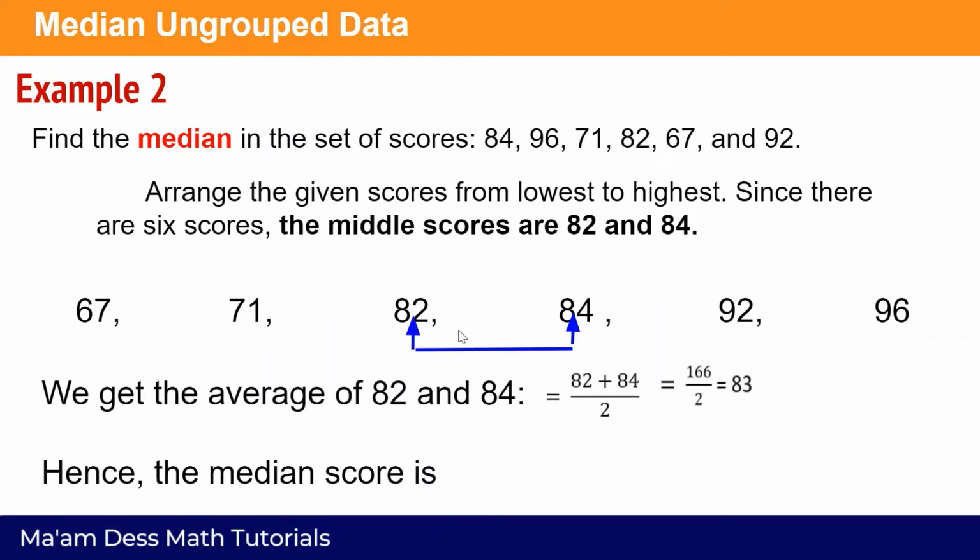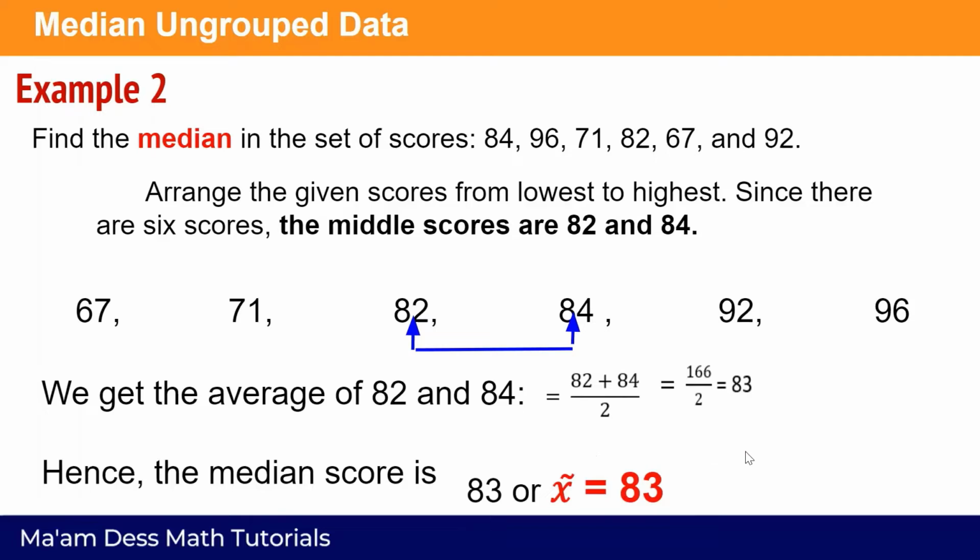Or pwede naman po extend na lang natin ito. And then we have 82. Ano po bang nasa gitna ni 82 and 84? So it is 83. So pwedeng hindi na mag-add kung ganito po yung given. Pero kung malaki, syempre, you have to add and then divide, or get the average, divided by 2. So hence the median score is 83.